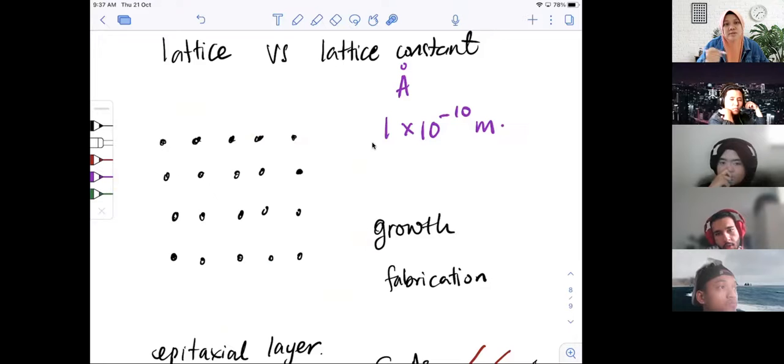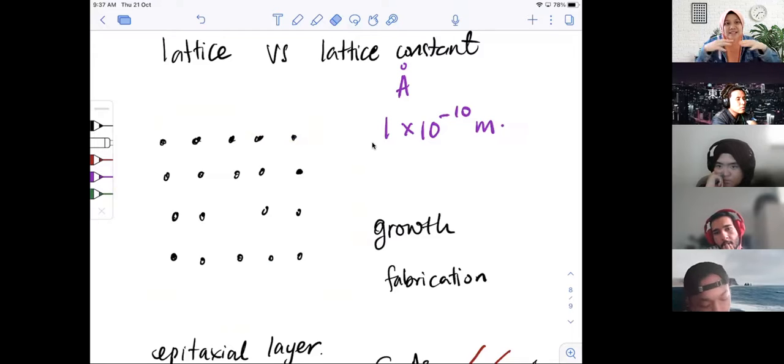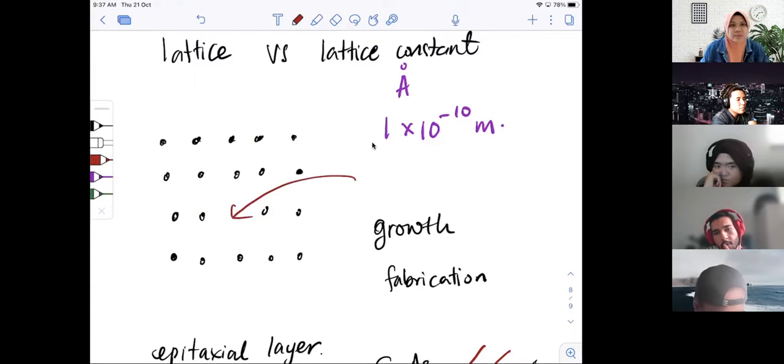But because it is so tricky to grow this material, you might get defects, sometimes slight imperfections. One of the defects you can have is you lose one atom. Sometimes the bond doesn't form nicely. When it doesn't, you will lose an atom, and this is called a... do you know what this defect is called?